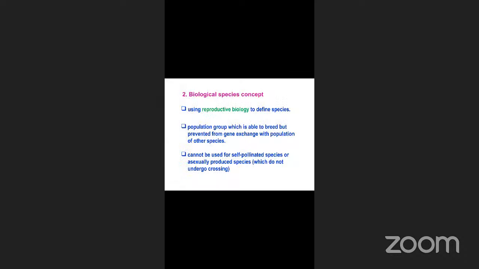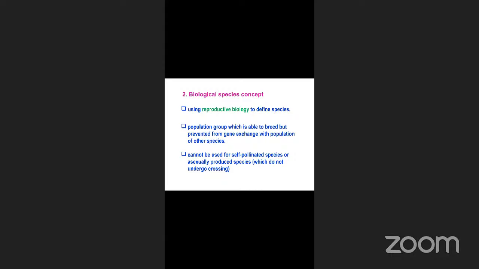Second one is the biological concept, using reproductive biology to define species. Different types of reproductive systems are studied.